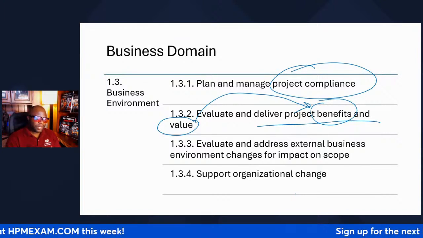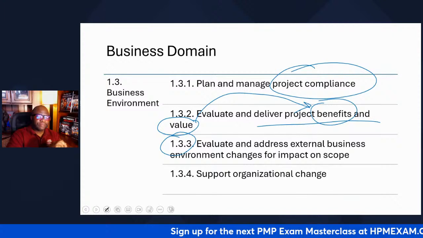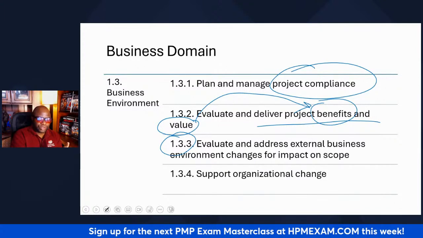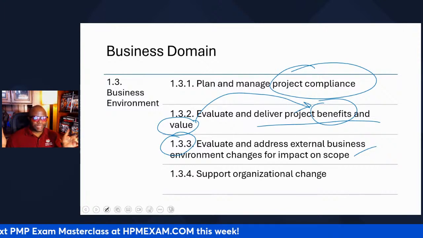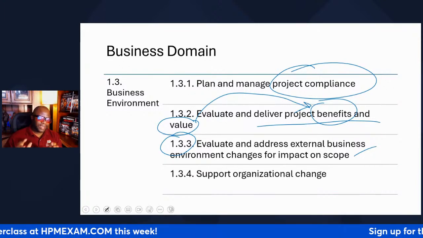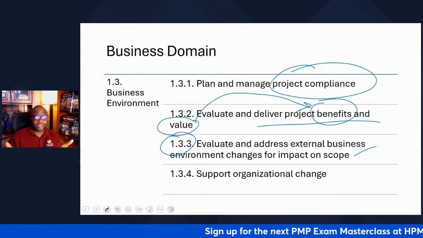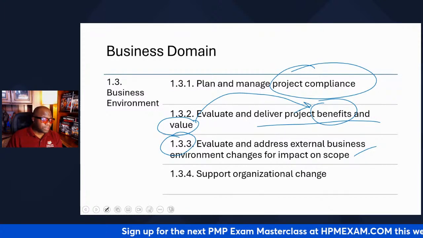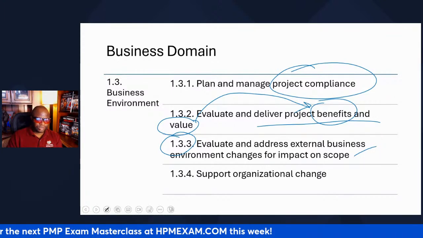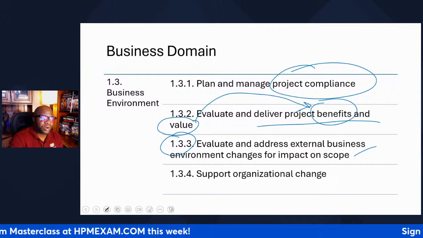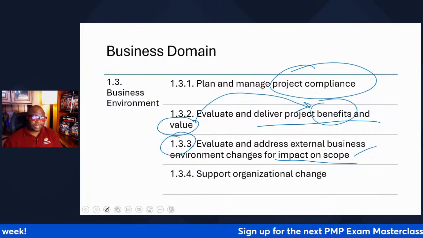So important. Let's move on to 1.3.3. I'll get you out of here very shortly. Evaluate and address external business environment changes for impact on scope. When we talk about this, we're thinking about the geopolitical landscape, the marketplace, the external environment. As a project manager, as a servant leader, as a product owner, you should always be addressing external business environment changes for impact on your product backlog, for impact on your project, whether you're in agile or predictive.